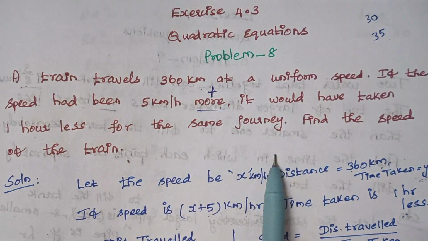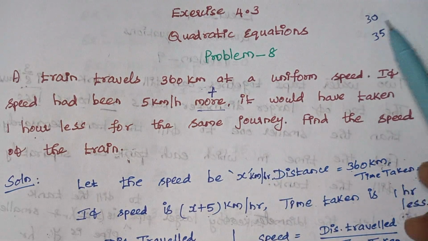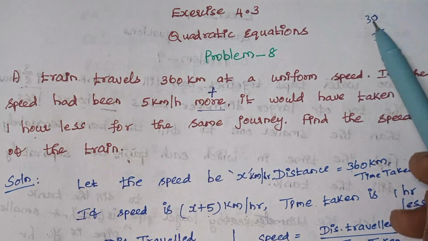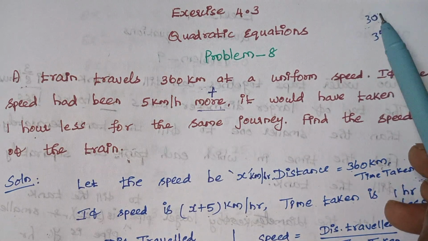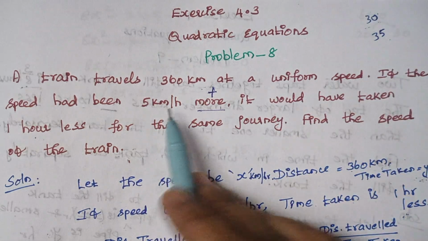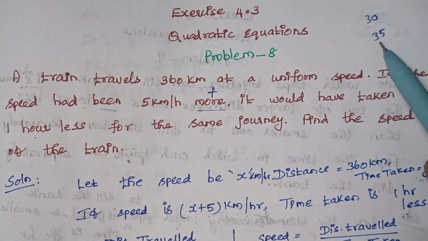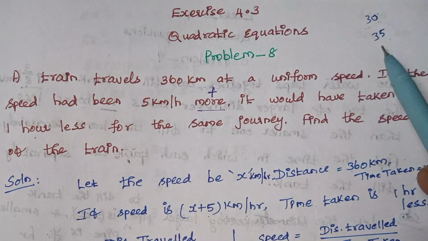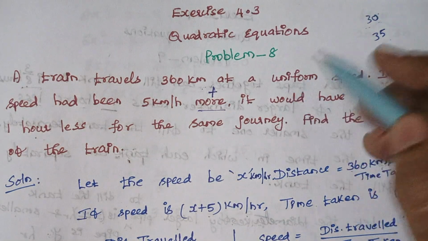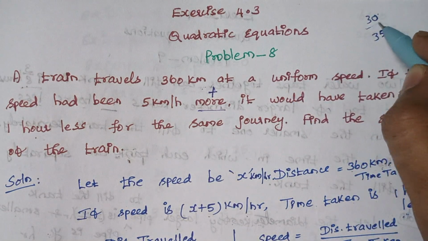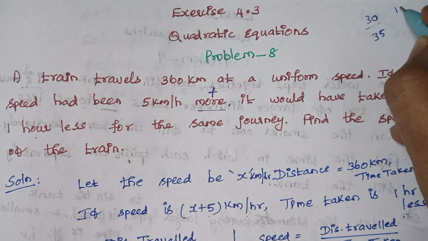Just for an example, if the initial speed is 30 km per hour, and the speed is increased by 5 kilometers, suppose we move at the speed of 35 km per hour, then what happens? The time is reduced by 1 hour. For example, if the train travels at 30 km per hour, then the time taken is 10 hours.